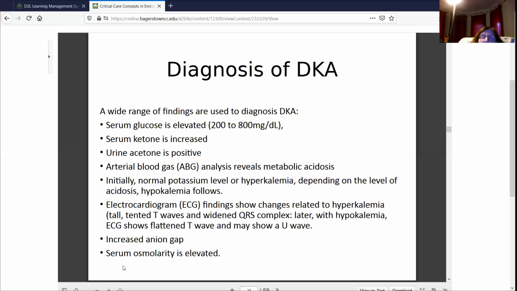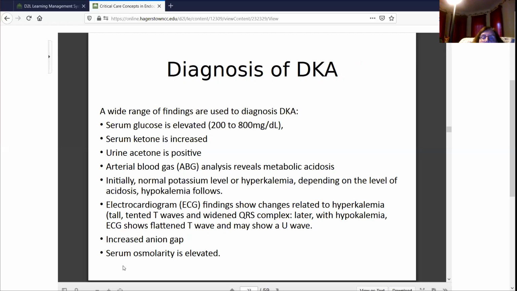Arterial blood gas analysis reveals metabolic acidosis. Remember what I said, the pH is usually 7.30 or lower, and the bicarb is usually 15 milliequivalents or lower. Okay, that gives you the metabolic acidosis.